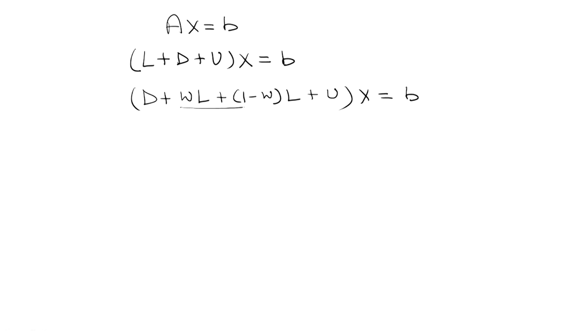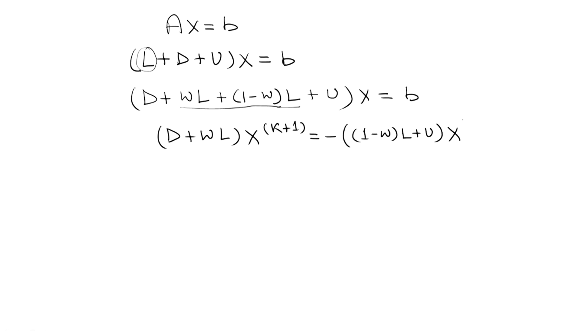If you observe, this is just omega L plus L minus omega L, so this is just L only. Now you write your iterations like this: D plus omega L, x at k plus 1 iteration, equals minus 1 minus omega L plus U, x at k iteration, plus b.